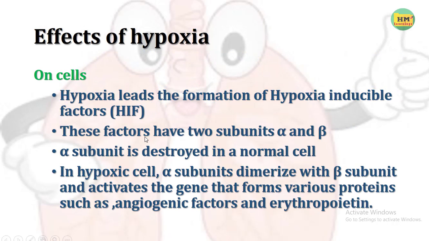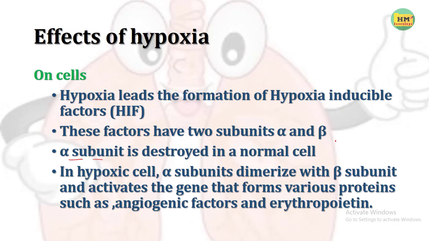Then we move on to the effects of hypoxia. So hypoxia leads to what? It leads to the formation of hypoxia inducible factors. These are basically transcription factors, which are also found when there is no hypoxic stimulus. During that time, the alpha subunit of the hypoxia inducible factor is destroyed in a cell.